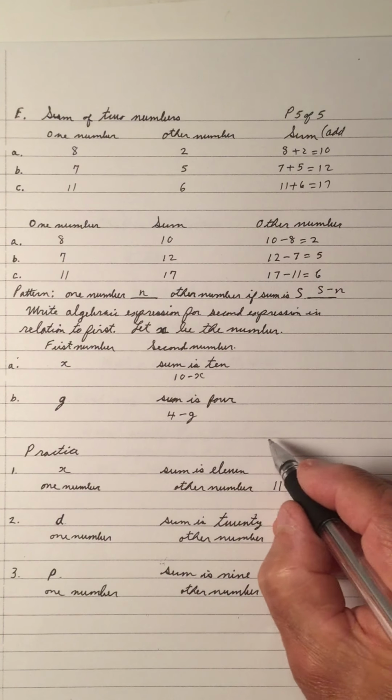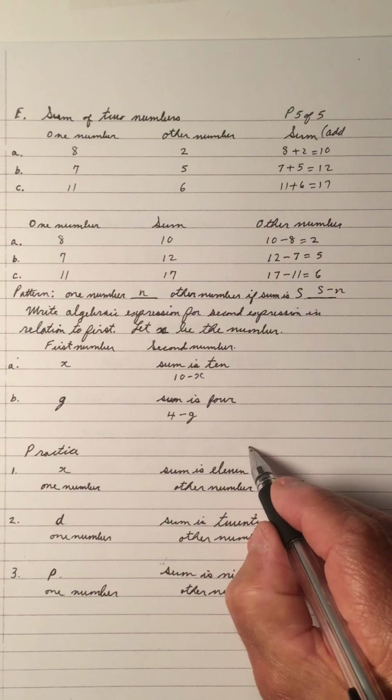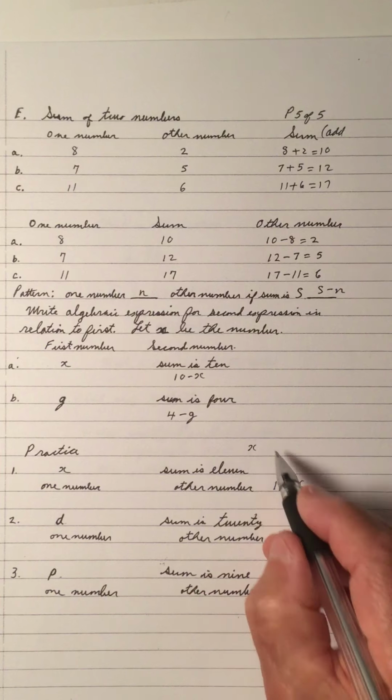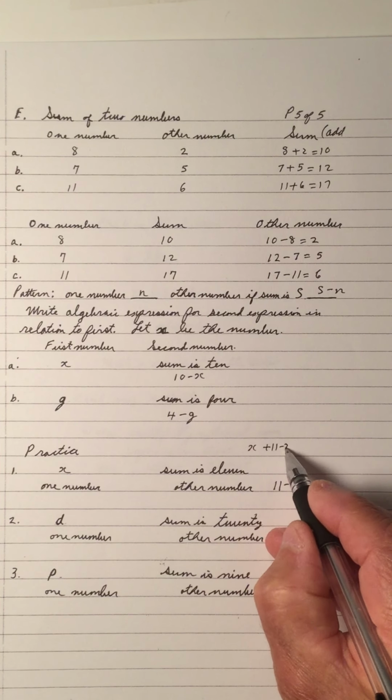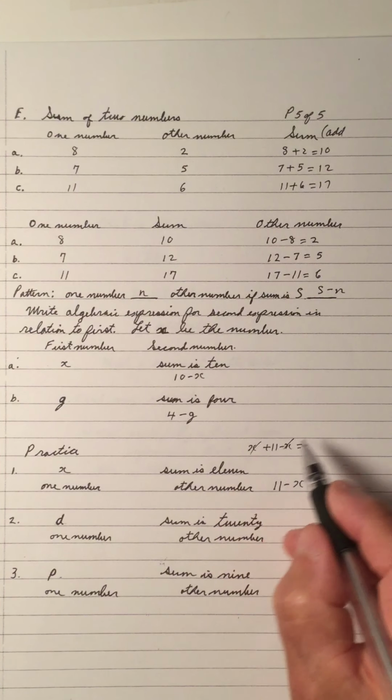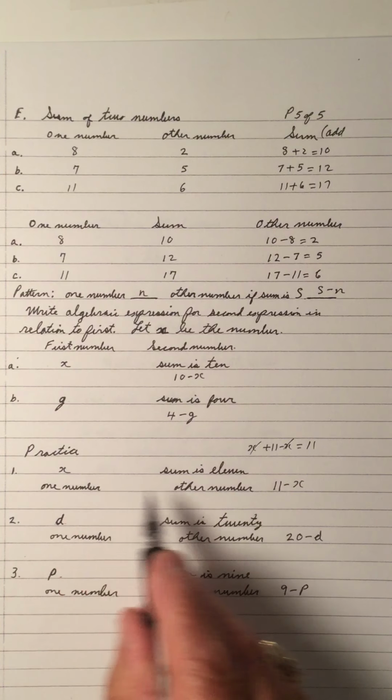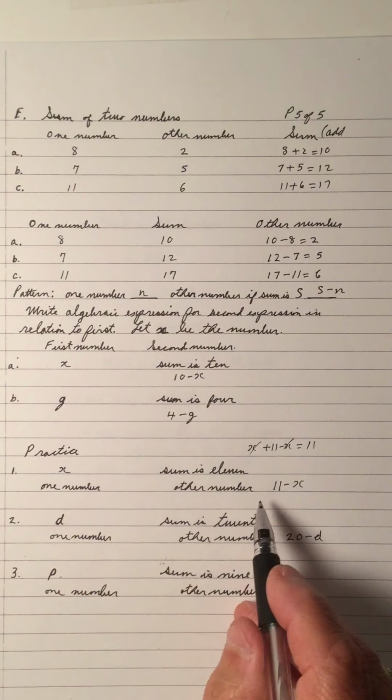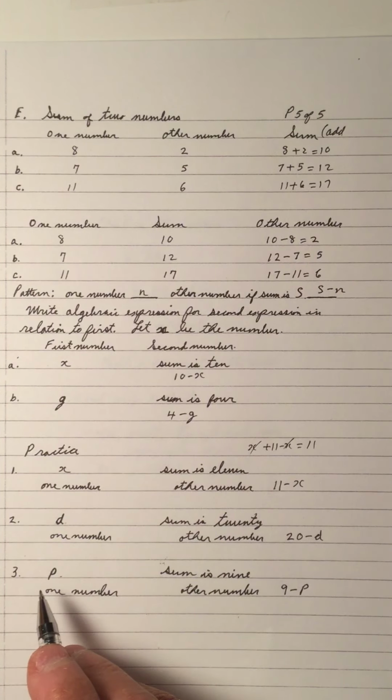Just note that if you take x and add 11 minus x, the x's cancel to give you 0, so you get 11. So the sum of these two expressions ends up to be 11.